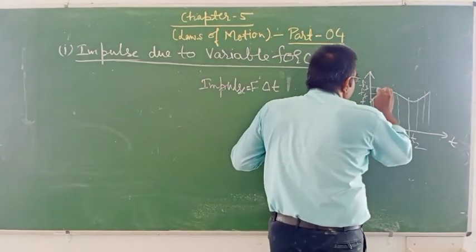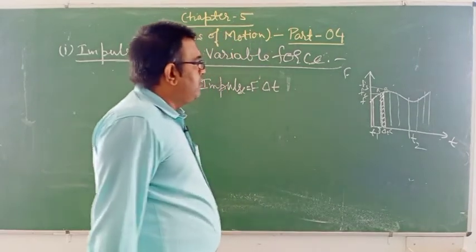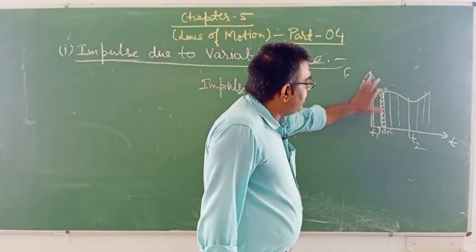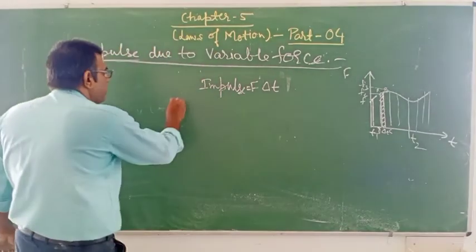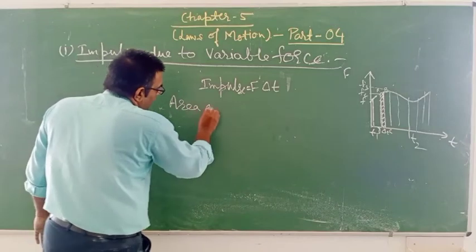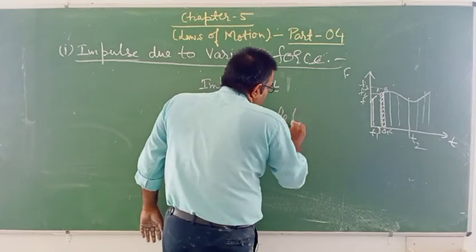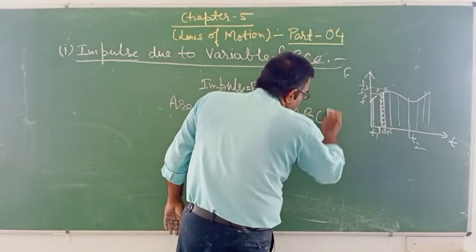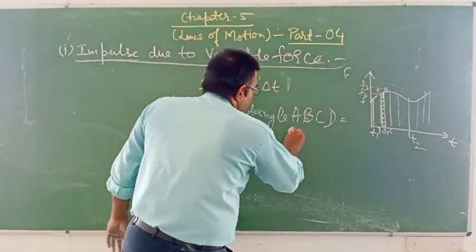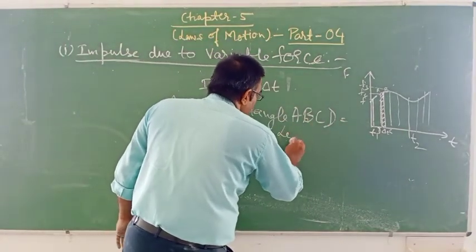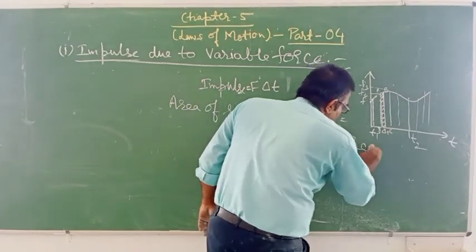If you mark this rectangle ABCD, then the area of the rectangle is equal to length into breadth.